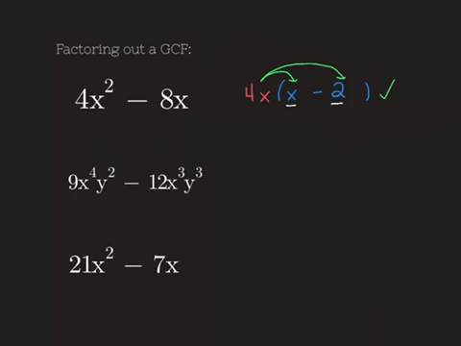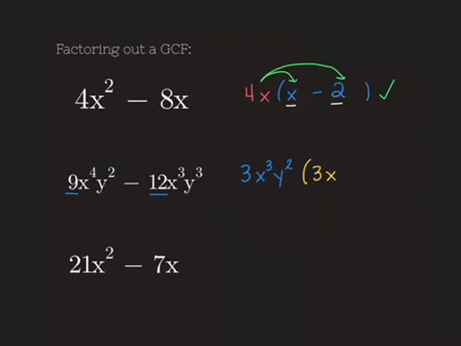Moving on to the next one, the largest thing I can divide both 9 and negative 12 by is 3. They have x to the third in common and only y squared. So again, I can't remove more x's or y's than something has. So 9 divided by 3 is 3. If I take out 3 of the 4 x's, I'm left with 1. And I'm taking out all the y's, so there's no y's left.